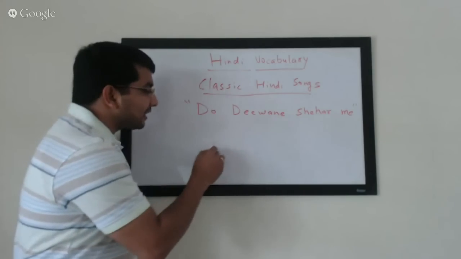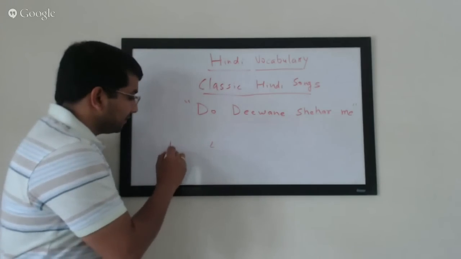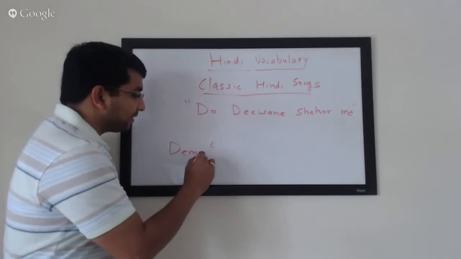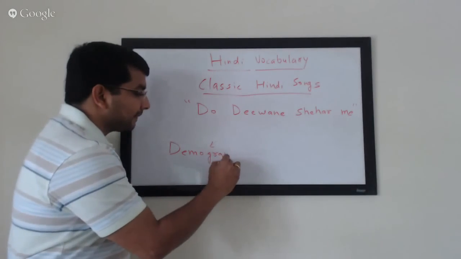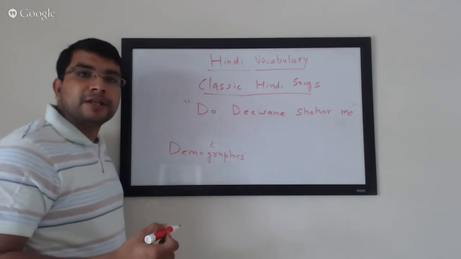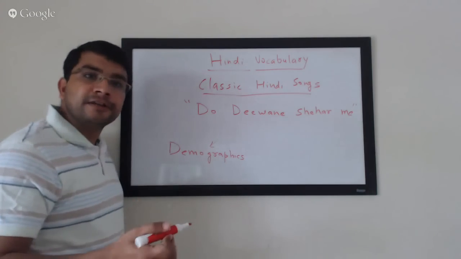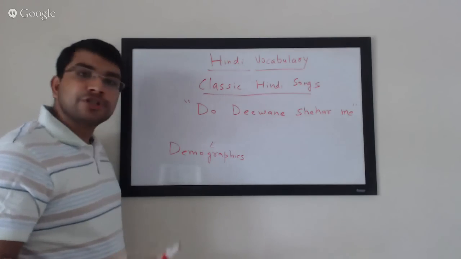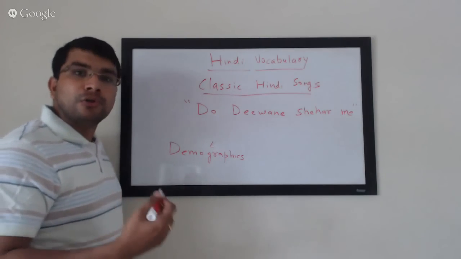So by the end of this class, you will be able to learn Hindi vocabulary related with demographics. When I say demographics, I mean a country, city, state, town, district, county, all those relevant words.